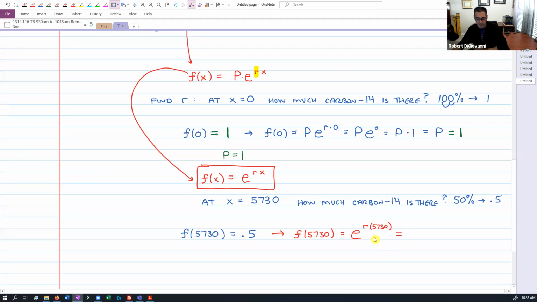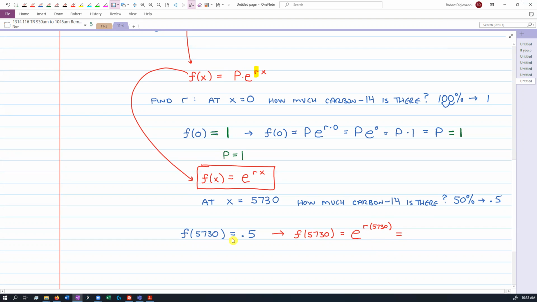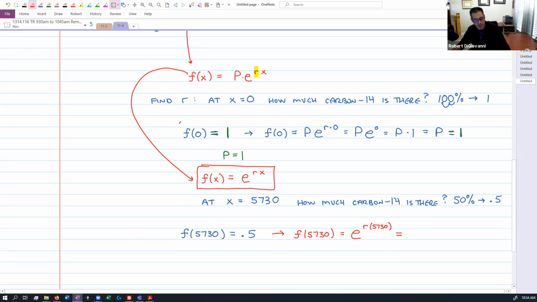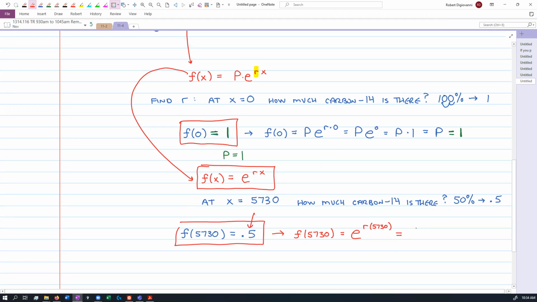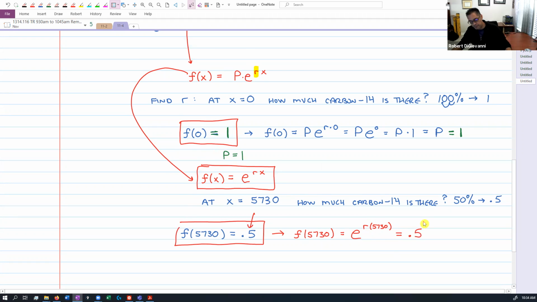We said that when you plug in 0, you better have 100% of your carbon-14, but 5,730 years later, you better have how much? 0.5. So we need this to be equal to 0.5.